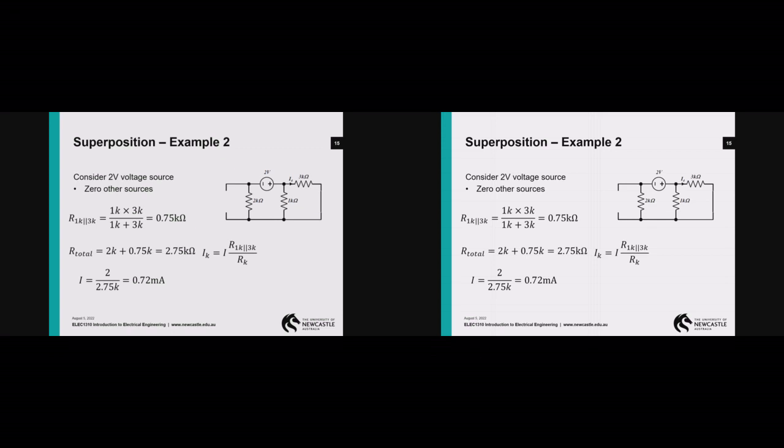So again, I'm using the current divider expression to work out how that 0.72 milliamps splits between the 3 and the 1 kilo ohm resistor.